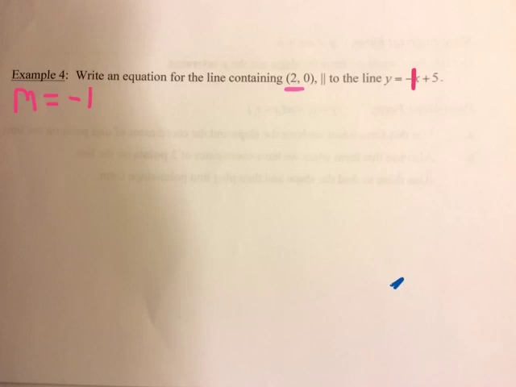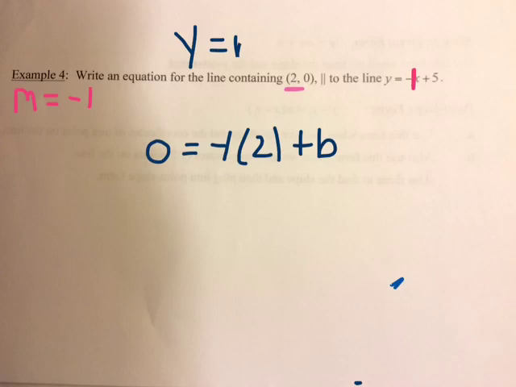The process is exactly the same. Take the 0, plug it in for y, plug in our slope, plug in our x value, add b. Remember, it's in y equals mx plus b form. So we took 0, plugged it in for y, 2, plugged it in for x, took our m and plugged it in for m, and we solved for b.